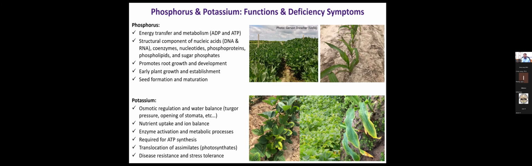Potassium is not part of any molecular structure, but it is involved with osmotic regulation, like water balance and turgor pressure, and it also controls the stomata. It also helps uptake of other nutrients, and under deficient potassium conditions, plants are attacked by different pests and pathogens.